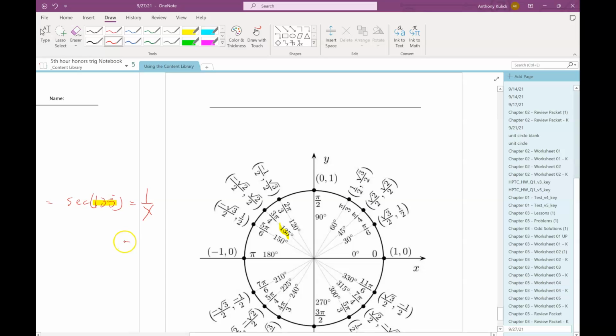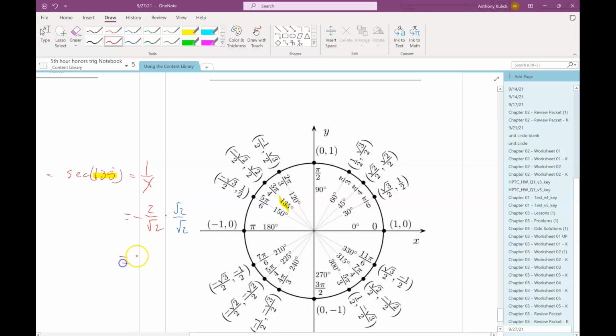So I have the reciprocal of negative root 2 over 2, so that would be negative 2 over root 2. I rationalize my denominator, and I end up with negative 2 root 2 over 2. The 2's cancel, and I'm left with just negative root 2. Okay, because if I skip a part, would you put negative 2 root 2? So I must be confused in my head. No problem.